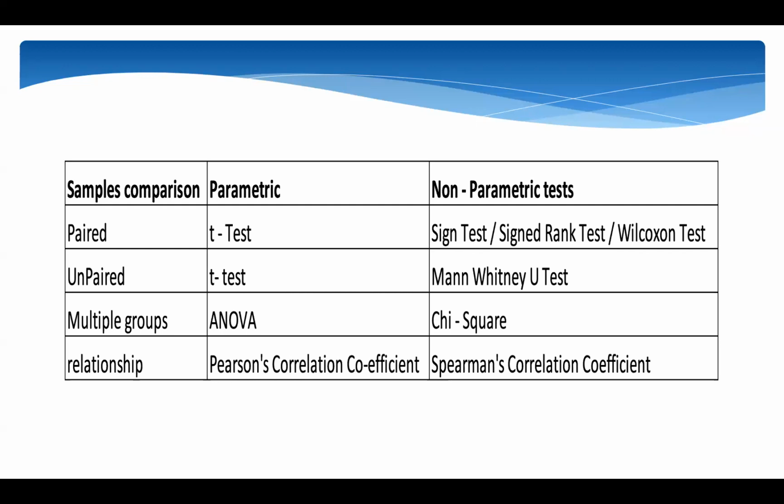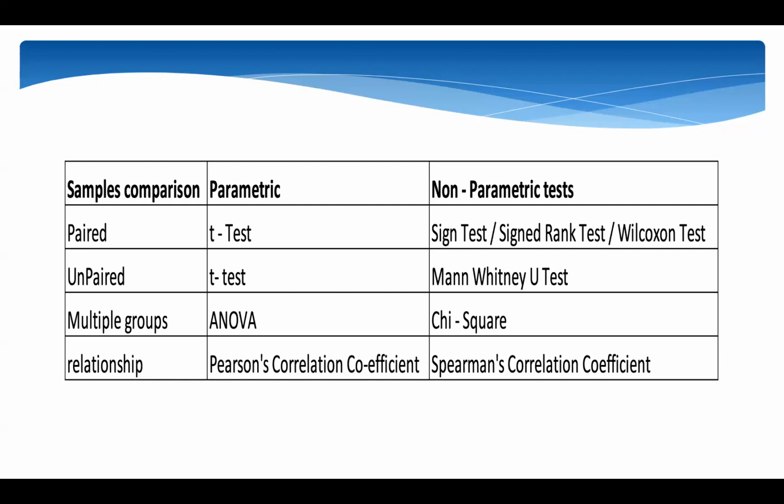For example, if it is a paired test, that means group A was there. There is a set of students, and first they measured their weight, and then they gave them some kind of pills, and afterwards they measured their weight again. It is the same group of people. So we have before data and after data. So it is called paired.